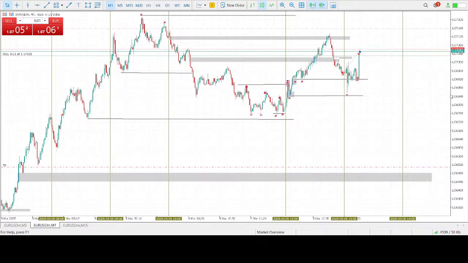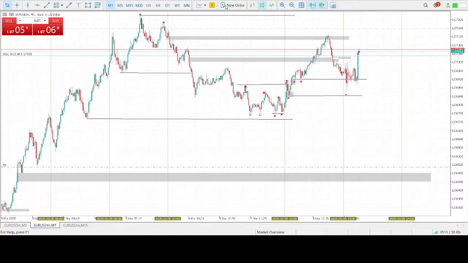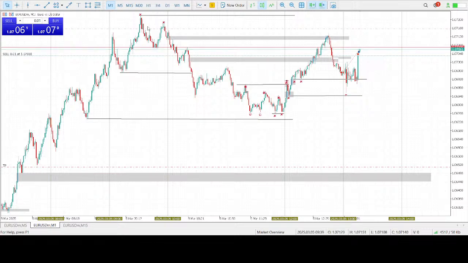Now given the news were not good for the euro, not favoring the euro, probably the market would rally above this first.